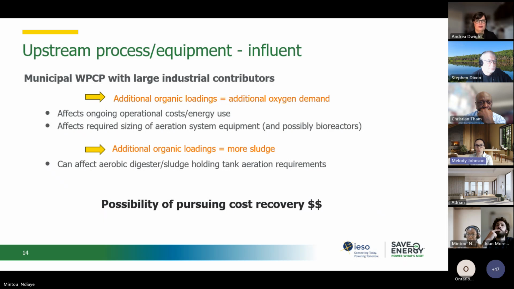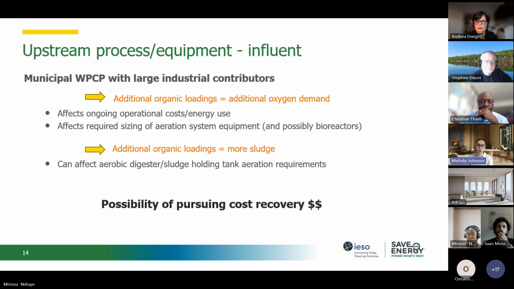In addition to the upstream treatment process equipment, there's also the influent itself. And in municipalities that have large industrial contributors or that have industries that want to increase their organic discharge rates to the collection system, all of that is going to impact the oxygen demand at the wastewater treatment plant.